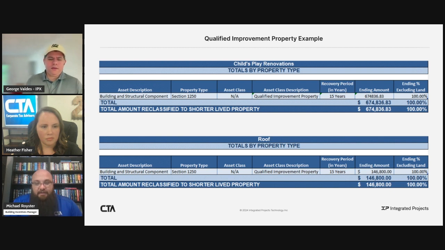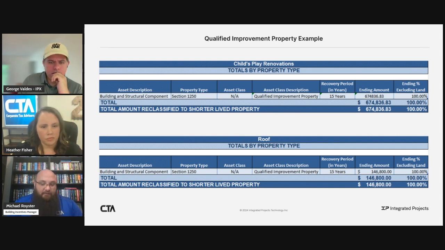So the same property that Heather was mentioning earlier, they had the example that I just gave. They bought a property at the beginning of 2023 that already had existing tenants in it, and the tenants were like, "Hey, we need a lot of renovations done. We're willing to sign extended, 10-year plus leases if these renovations are made." So the owners of the building put in a lot of work.